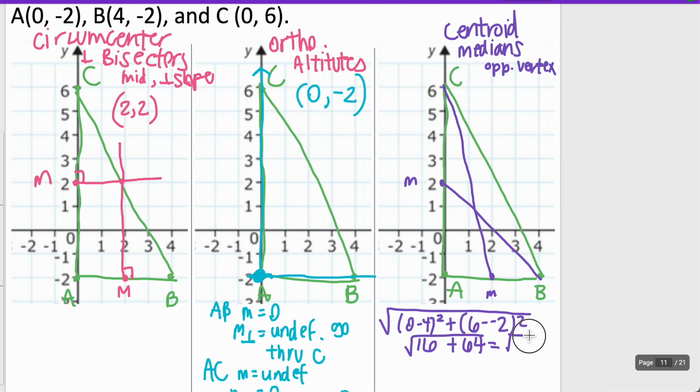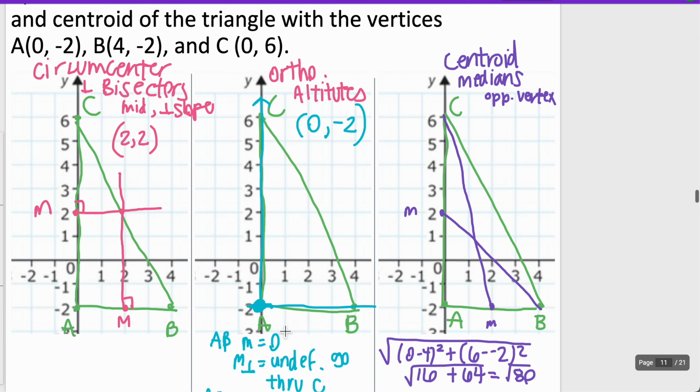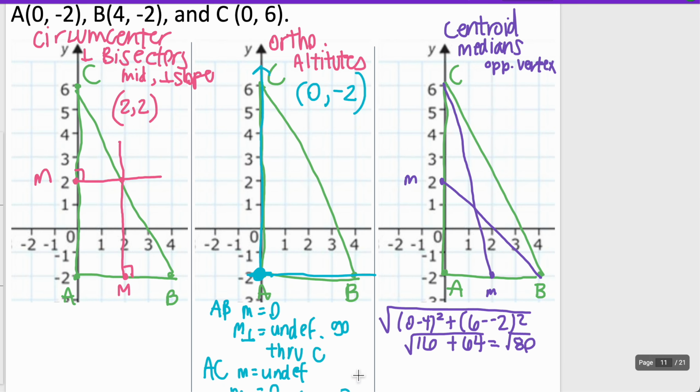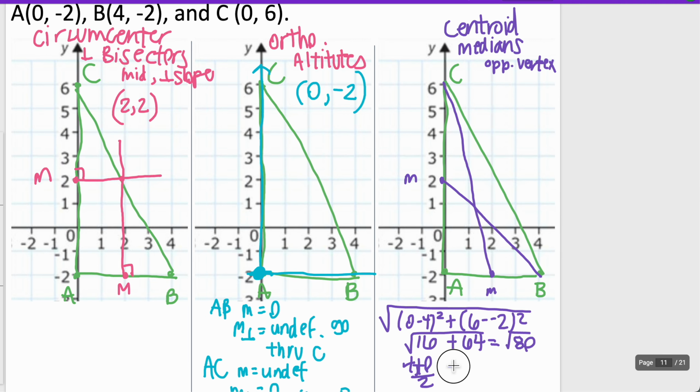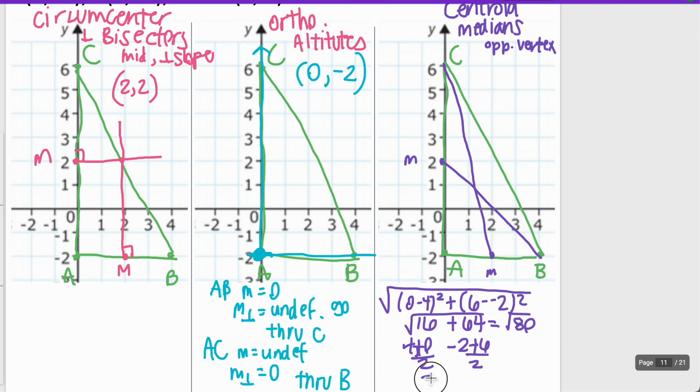I don't know why I'm doing the distance formula here. Probably should have done the midpoint formula. Silly me. 4 plus 0 divided by 2, and -2 plus 6 divided by 2. 4 divided by 2 is 2, and then -2 plus 6 is another 4. 4 divided by 2 is 2. So 2, 2 is that midpoint.